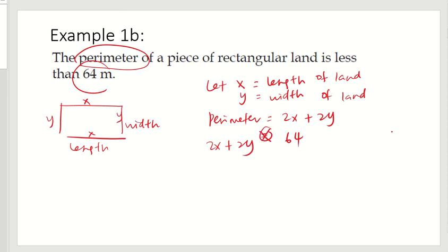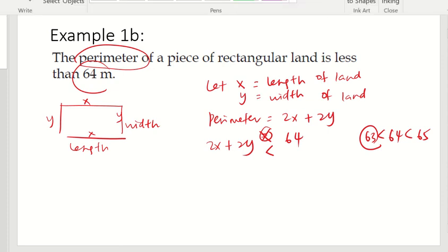So we cannot use this. We have to use less than 64, 63, 65. Which one? Less than 64. This one, right? Can it be equal to 64 or not? Cannot, because it says less than 64. So we cannot have equal here. So the answer is less than 64.